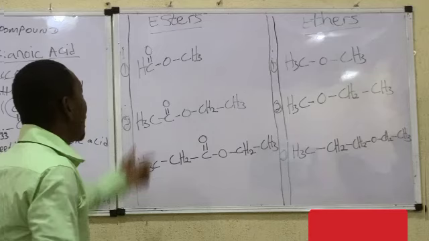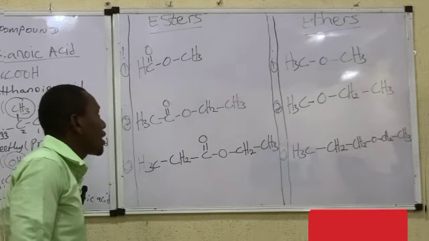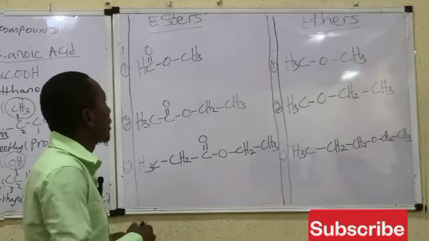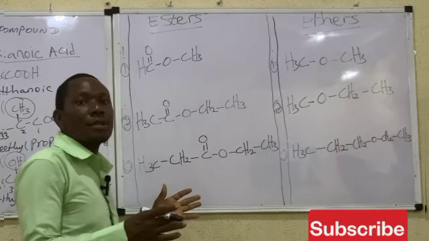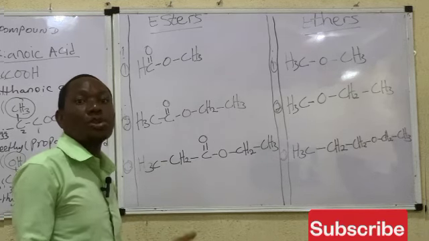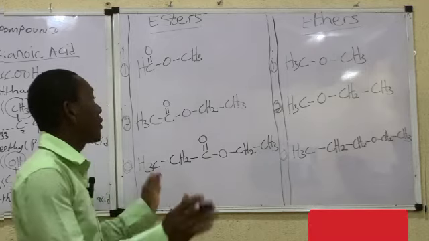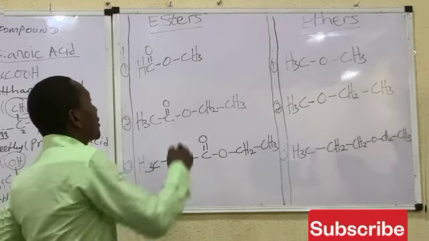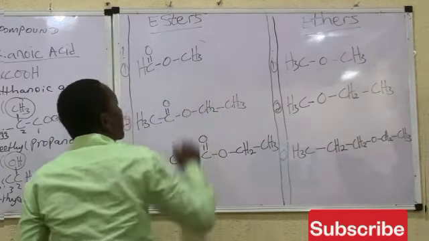Let's go to the next one, the esters. Now, please take note. The esters are very easy to name, but usually confuse students. Now, I'm going to give you a very simple way to name them. Just pick this first. Name this one. What is this? This is a methyl.